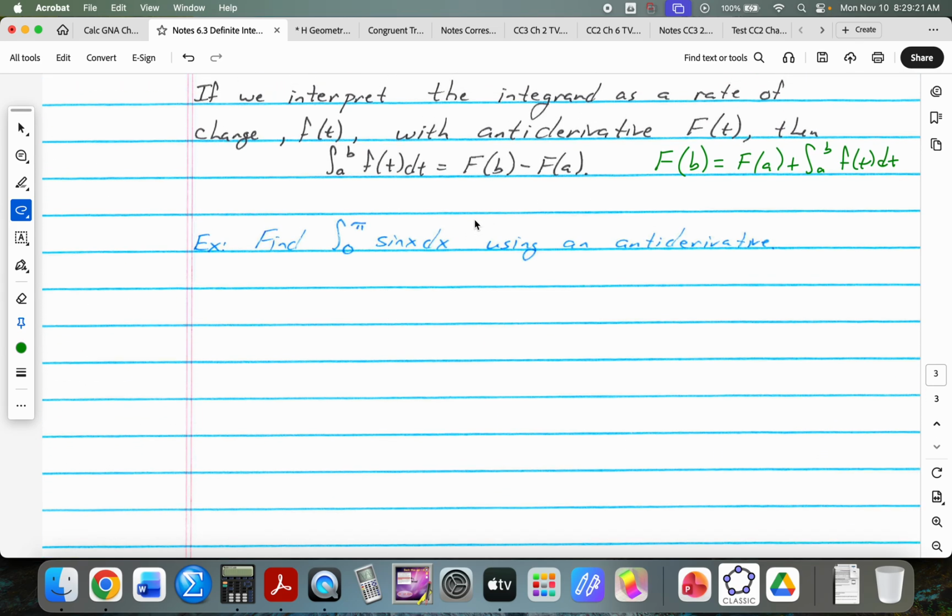All right, so let's see if we can find the integral from 0 to pi of sine of x dx using an antiderivative. Well, what can I take the derivative of that would be equal to sine of x? Yeah, negative cosine of x.